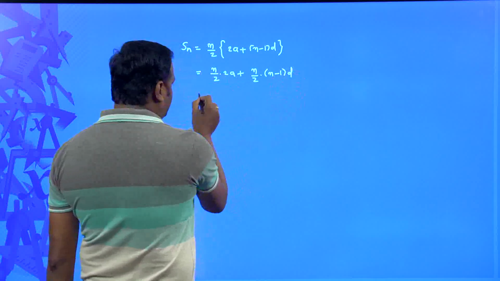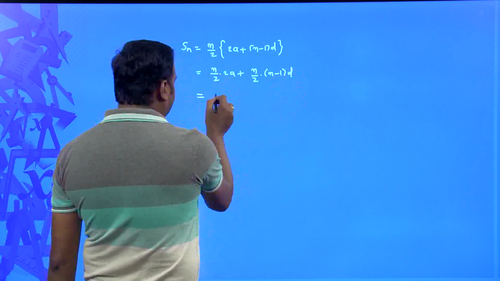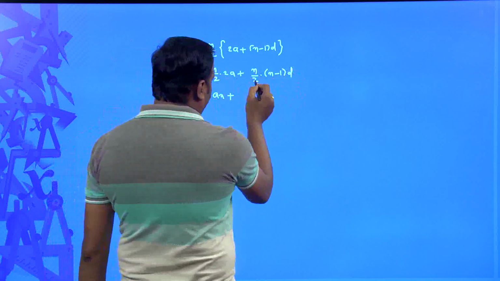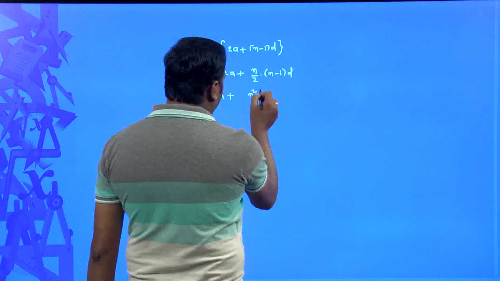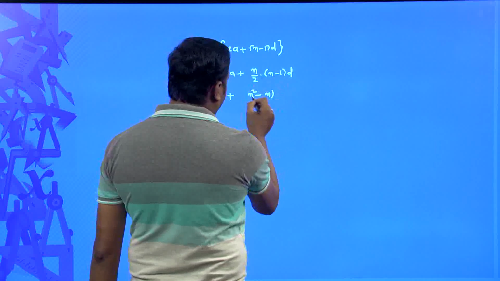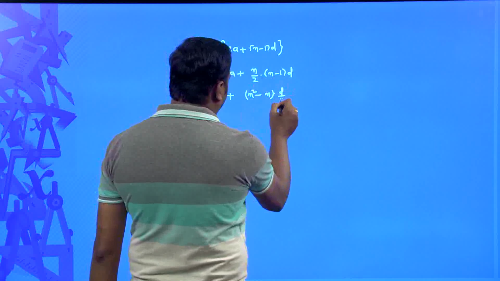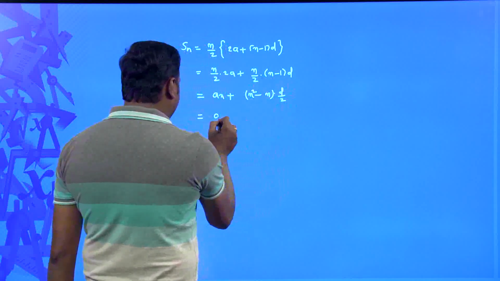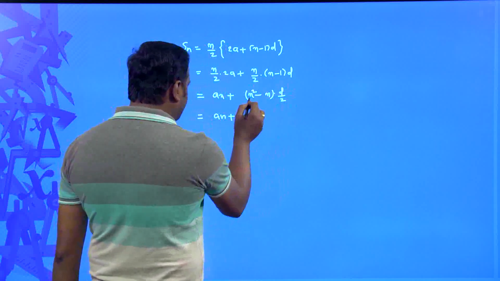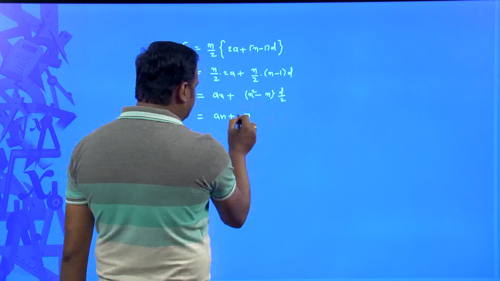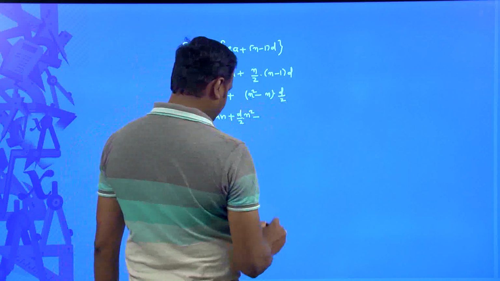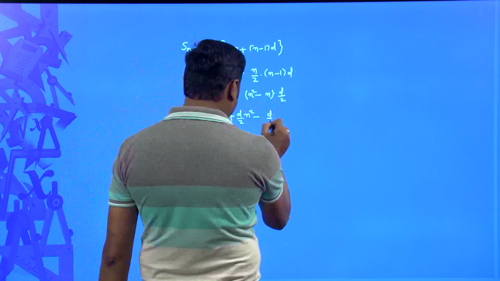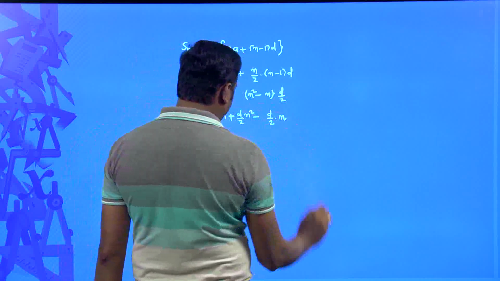So, n by 2 into 2a, the 2 cancels, that is going to be an, plus here n by 2 into (n minus 1) into d; n into n is n square, minus n into 1 equal to n, into d by 2. So, we can write this as an plus d by 2 n square minus d by 2 into n.